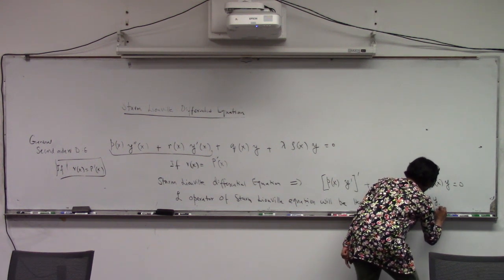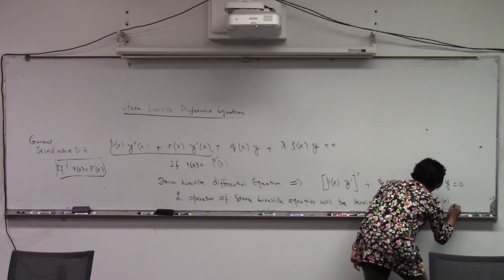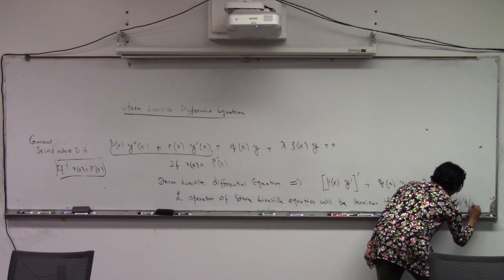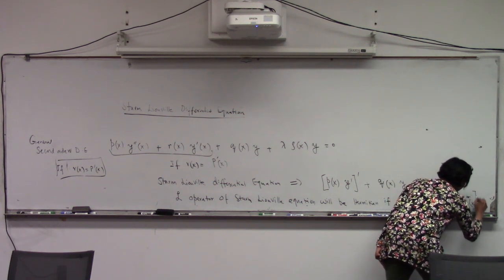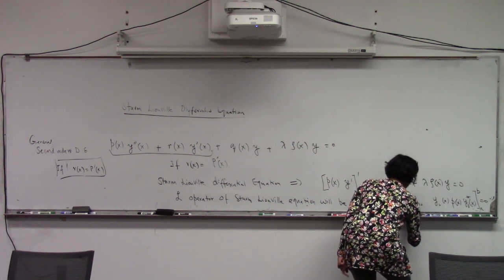It satisfies the following boundary condition: y_i(x) P(x) y_j conjugate(x) between a and b is 0. So it's some boundary condition.